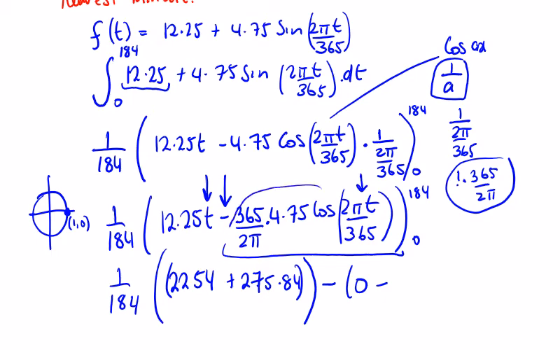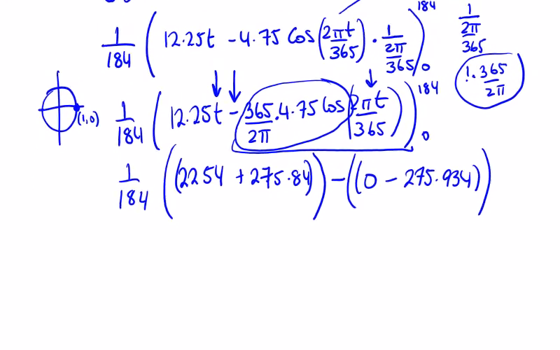So it's just this that we need to worry about: 365 by 4.75 divided by 2 pi gives 275.934. You can see the two minuses here, and I have that double bracket.